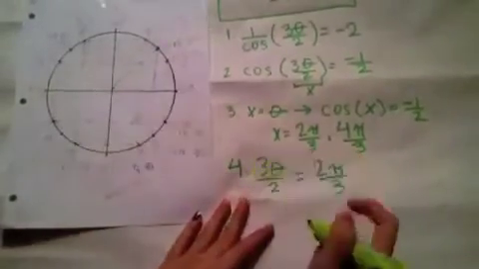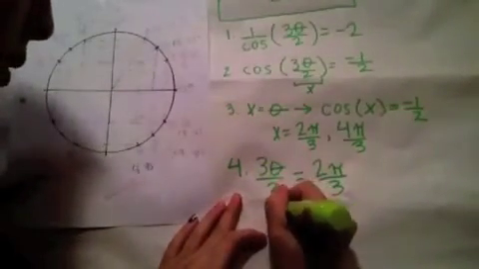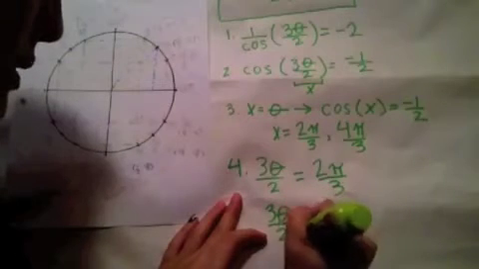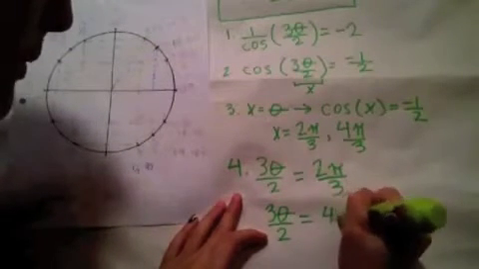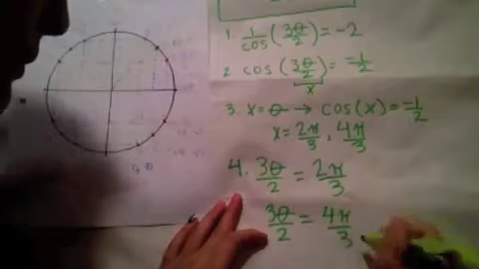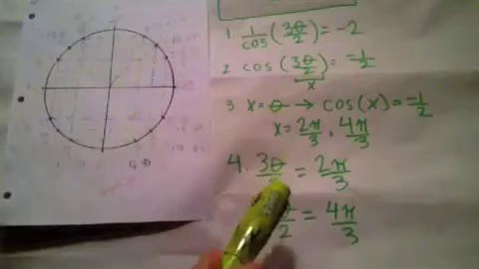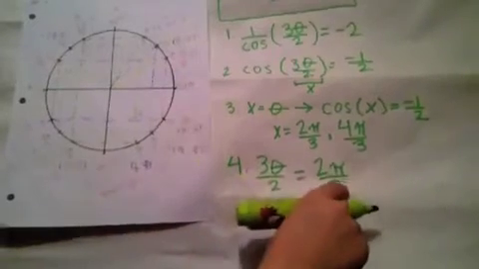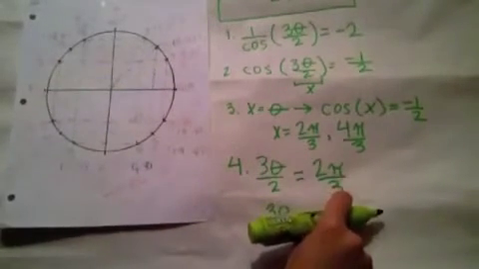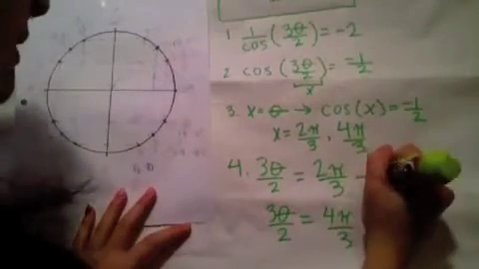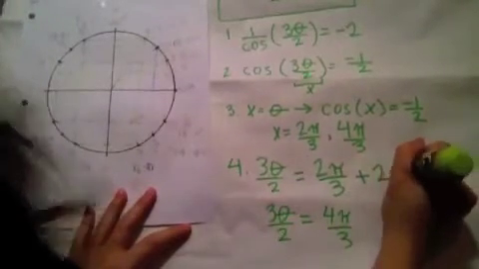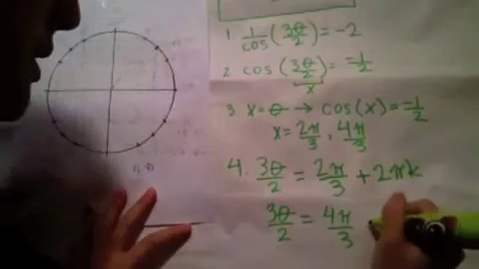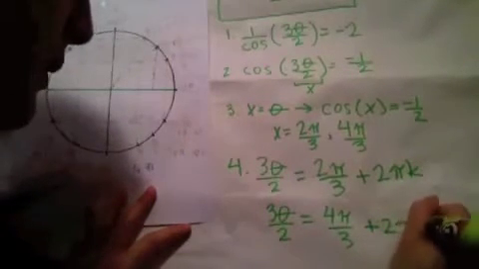And also don't forget this value. So 3 theta over 2 equals 4 pi over 3. Also, another really important thing is you don't want to forget your period. So for a cosine, it would be 2 pi k. So let's add on the 2 pi k to both equations.